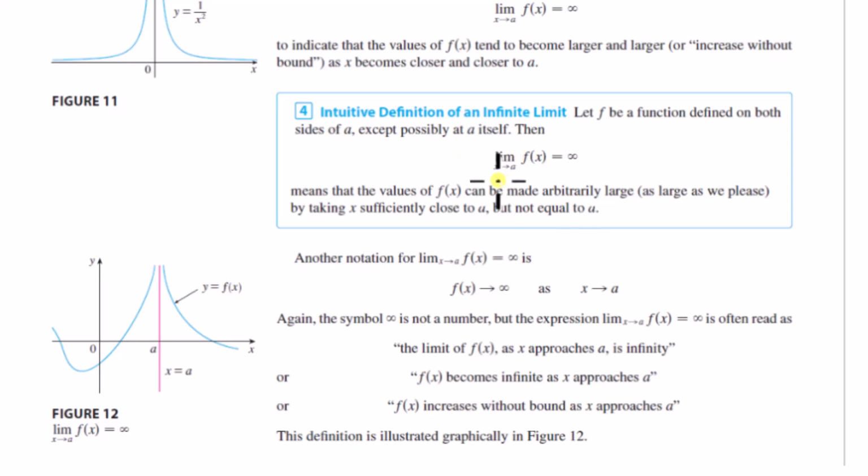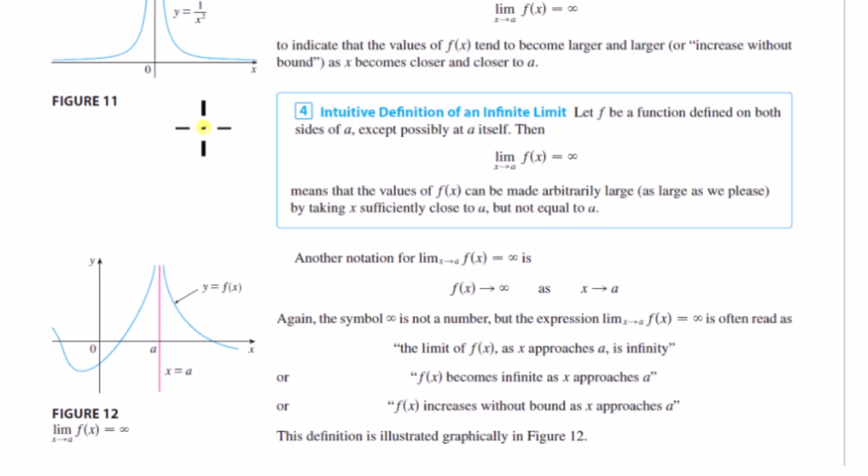Then the limit as x approaches a in general of the function is equal to infinity. This is an infinite limit. Thinking about positive infinity for the moment, it means that the values of f of x can be made arbitrarily large as we please, by taking x sufficiently close to a, but not equal to a.